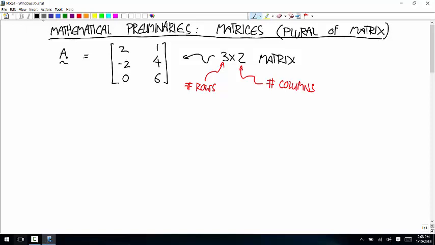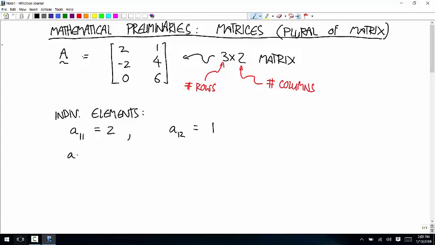When you're talking about the individual elements of a matrix, usually the matrix will be given an uppercase name and the individual elements will be lowercase. So A1,1 is equal to 2. A1,2 is equal to 1.